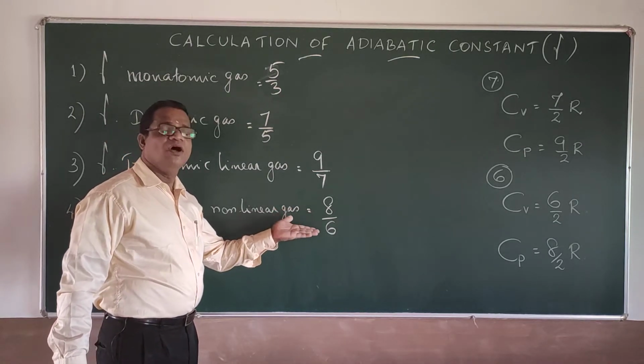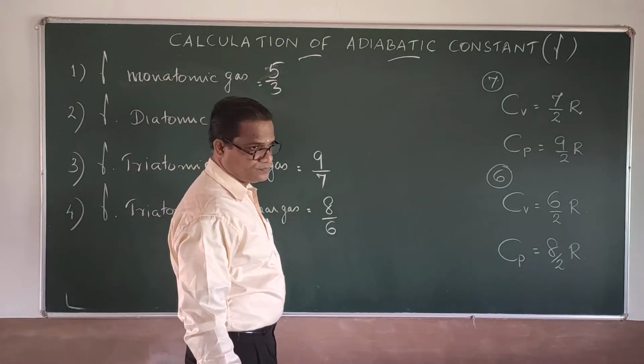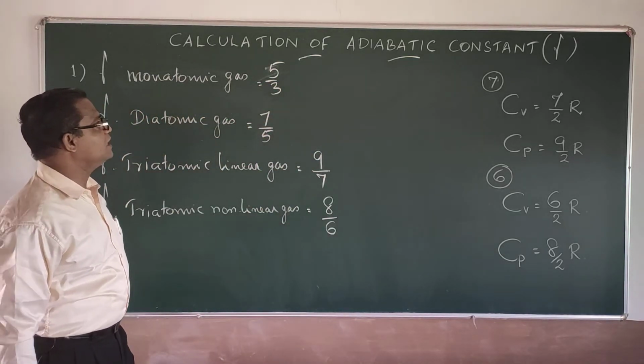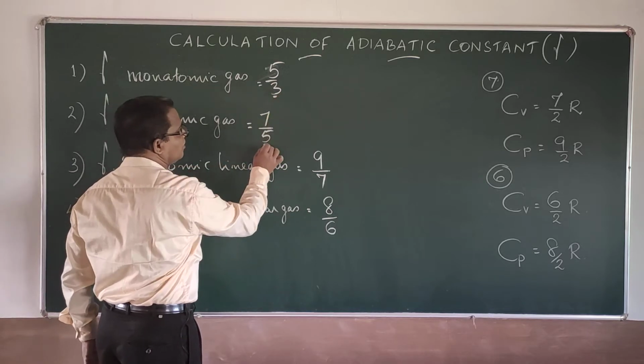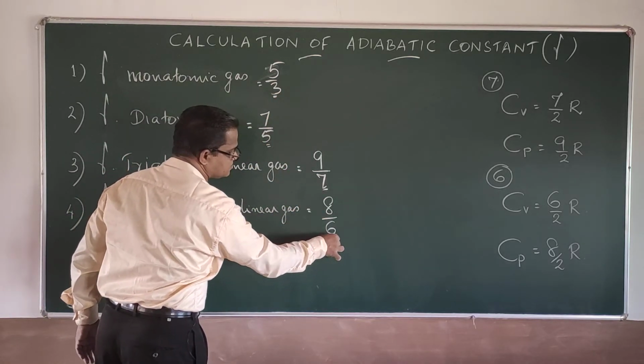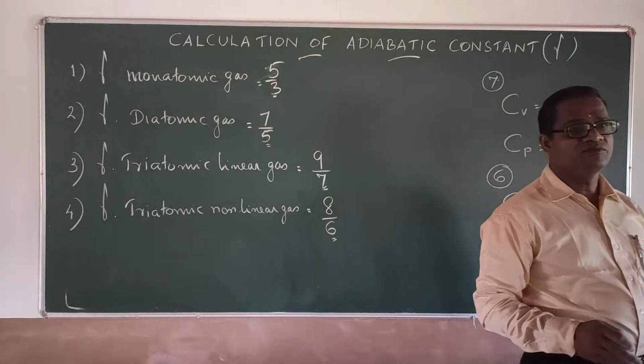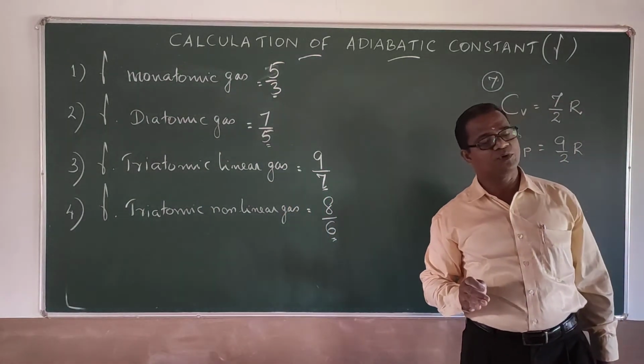You can shorten it to 4 by 3, but don't do that. Now if you analyze all these equations, you can find that the denominator of all these represents the number of degrees of freedom for that particular gas molecule.